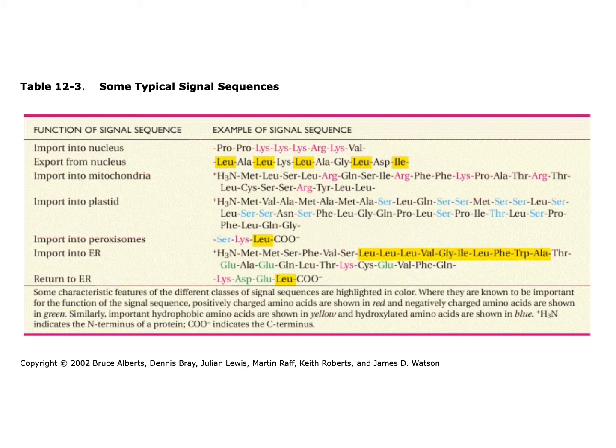But import into the mitochondria, we see a lot of differences, as well as import into the ER. So don't really want to sit down and memorize any of these things. Just be aware that these are signals on the front end of a protein. They vary quite a bit from protein to protein, but they do direct the protein to the appropriate membrane in order to pass through that membrane.